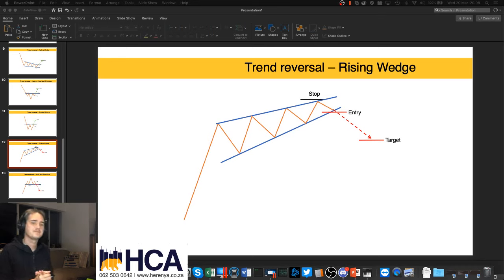So looking at the rising wedge, what would have happened here, and with other wedge situations as well, is that the main trend has now come to an end. Trends are driven by institutional interest in a stock.